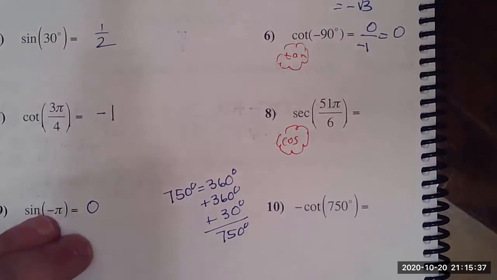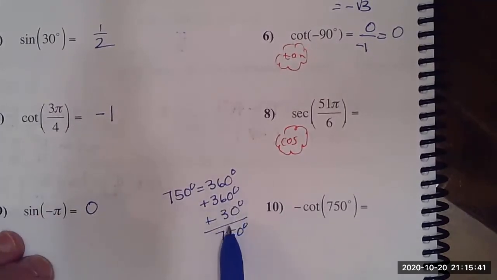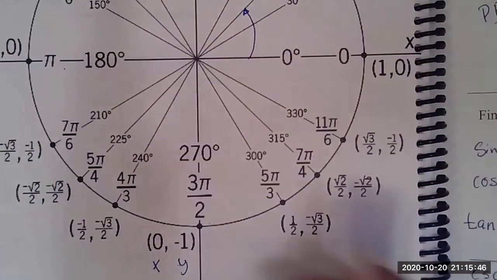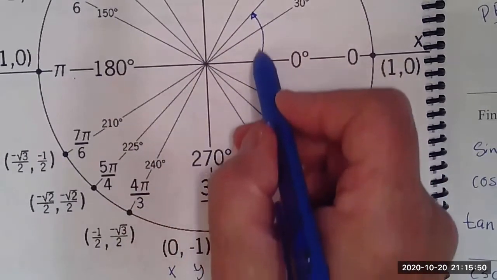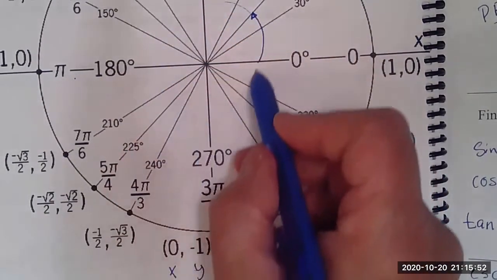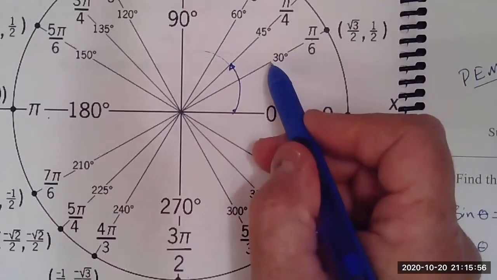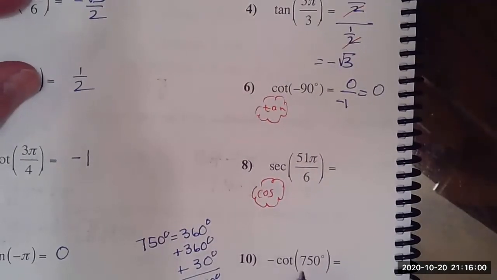The reason why I'm doing that is I'm going 2 complete revolutions, and then I'm going to stop at 30 degrees. So here we go: 360, another 360, 720, and then stop right here. That gets me to 750 degrees.